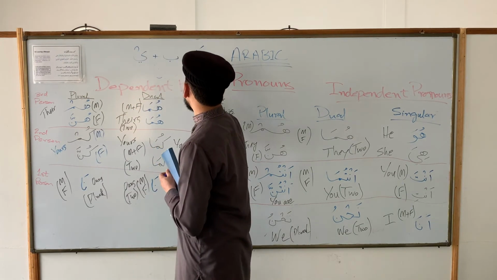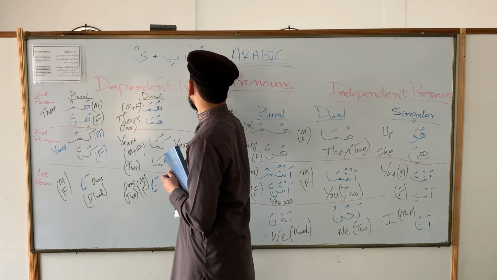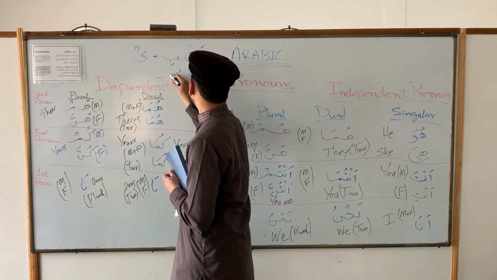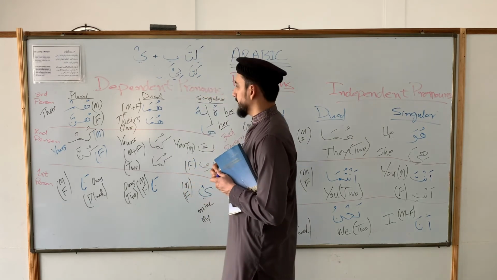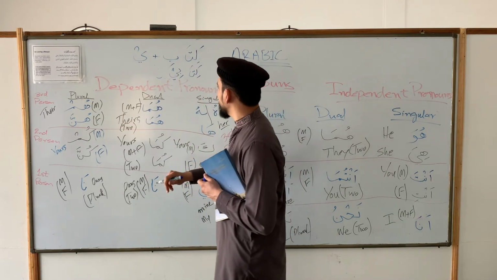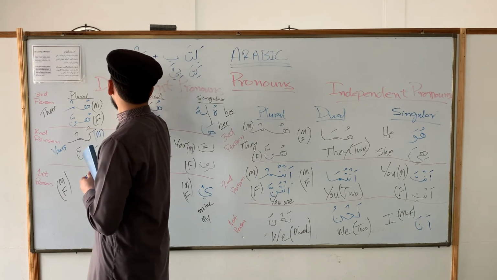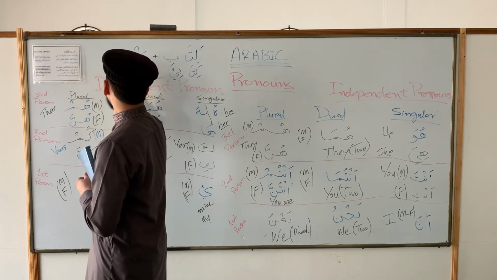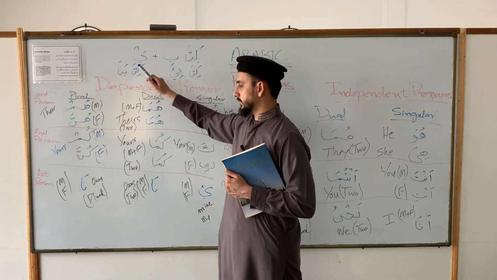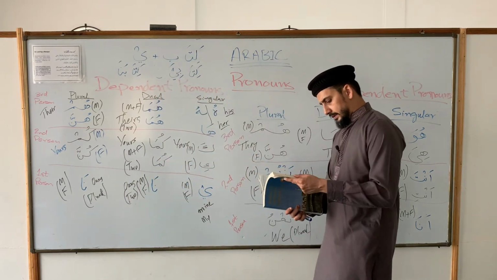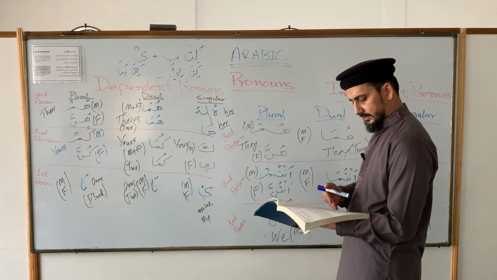So it would be kitabi. So you would write kitabi. If I want to write our book, it would be kitabuna. Our book.